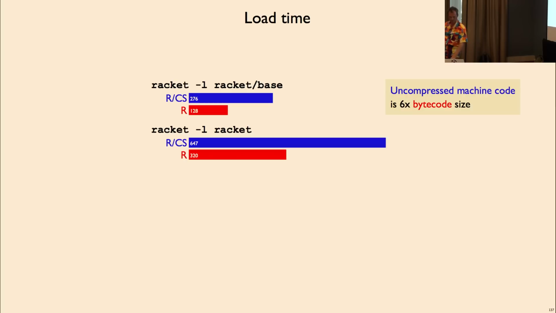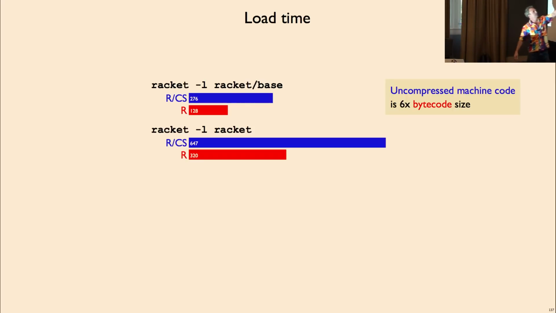So zooming in 100 or so times, Racket L without the C is loading Racket normally. So every module has been compiled to, these are bytecode files, these are machine code files. And we're loading those in just to get Racket going. And the numbers here, we're in the 300 to 600 millisecond range. So half of a second or so, a third of a second.